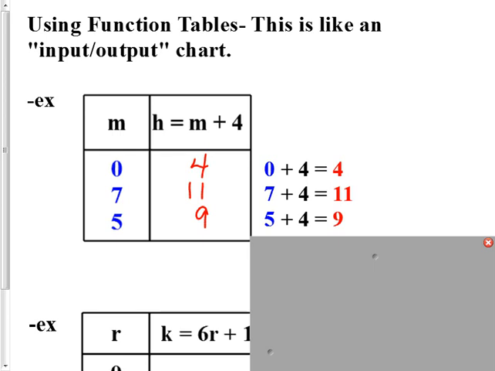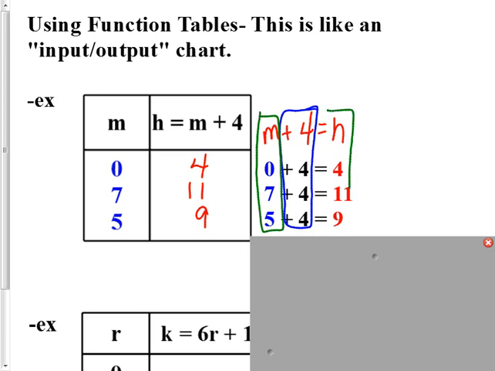So when you look at this, notice that if we took our rule or our output and wrote it on the right, we would be doing M plus 4 equals H. So this plus 4 right here is what we would have thought of in elementary school as the rule. Then we have our M's, which in this case are our inputs, and our H's, which are our outputs.